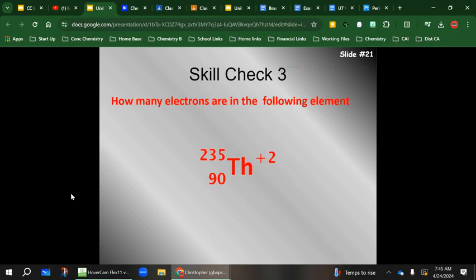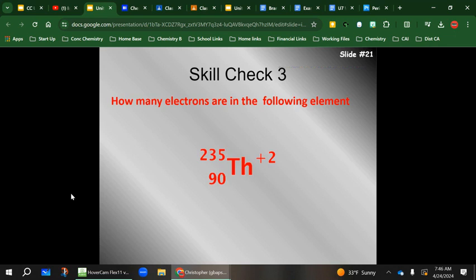Okay? And then finally, ladies and gentlemen, to do the name is the element followed by the mass number. So, for example, this is thorium-235.